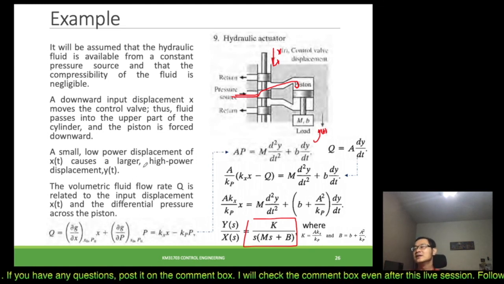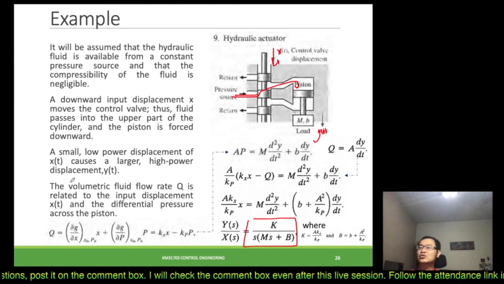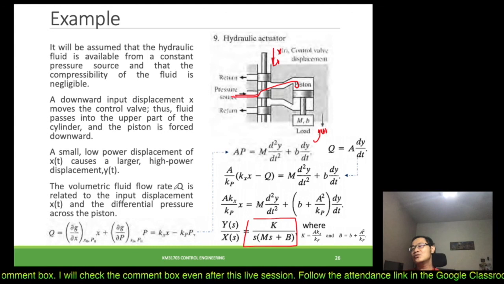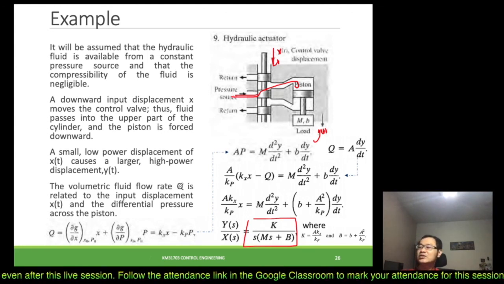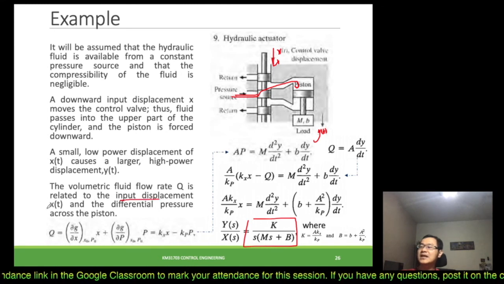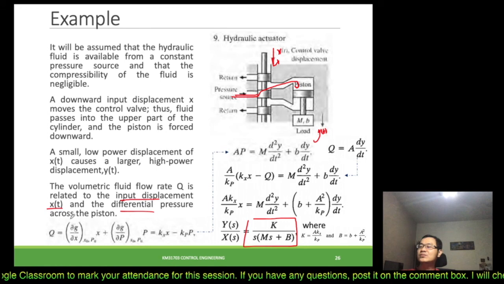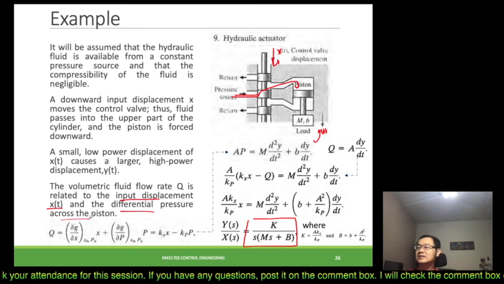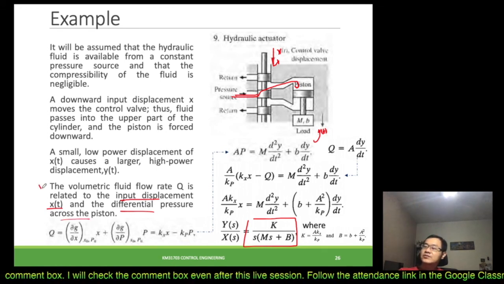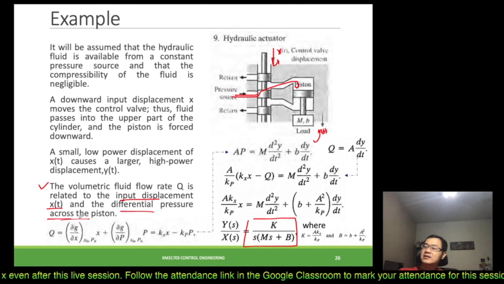It's related to the volumetric flow rate q, and we try to relate it to the input displacement x(t) and the differential pressure across the piston. As described here, we will write it in this form.